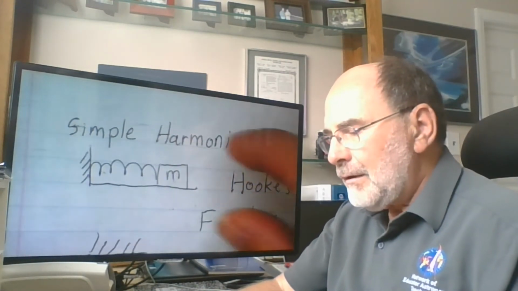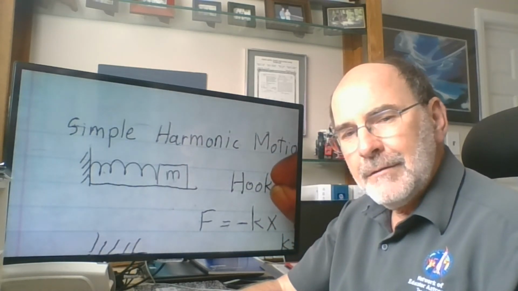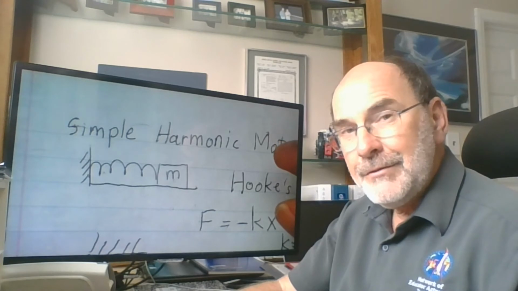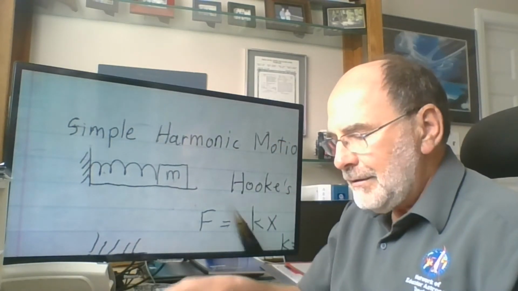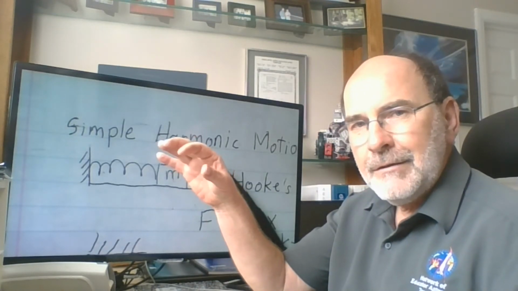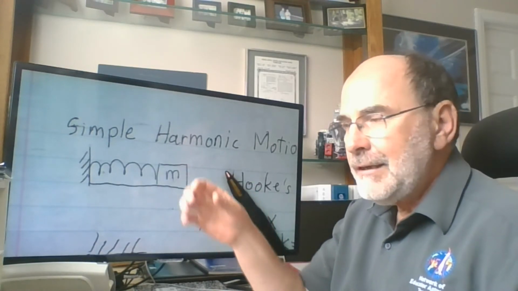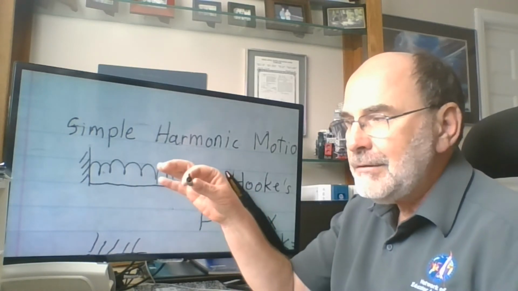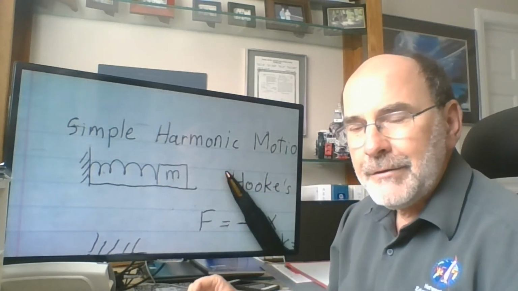So just at the moment I let go of it, its velocity is 0. Just like when I dropped an object in the fall term, at the moment I let go of it, the velocity of the object is the velocity of the hand that was holding it. And if the hand that was holding it was 0, then the initial velocity of the object is 0 at the moment you let go of it.